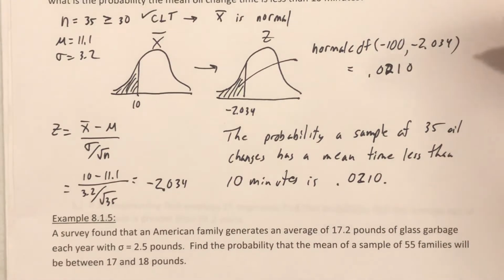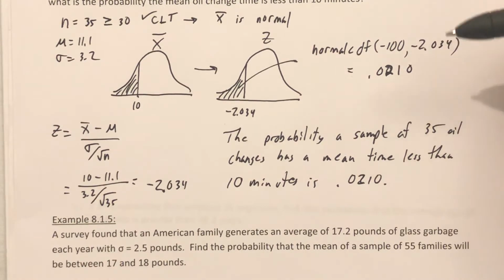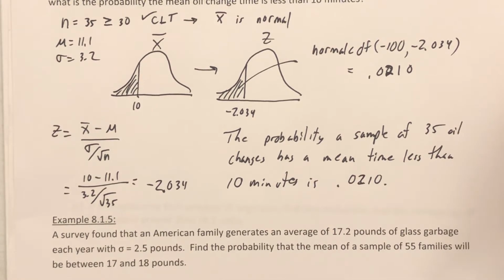So it sounds like they may want to work on that because there's not a good chance that the average is below that 10-minute guarantee. So hopefully they're not offering refunds.